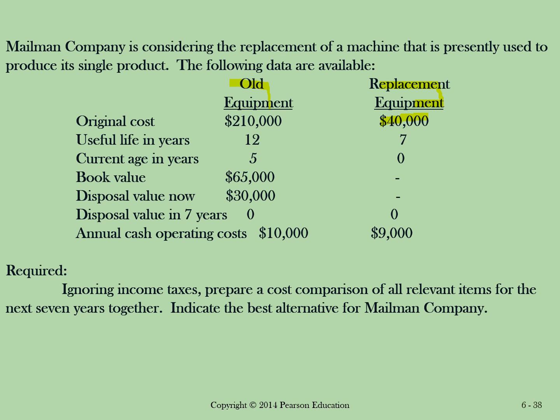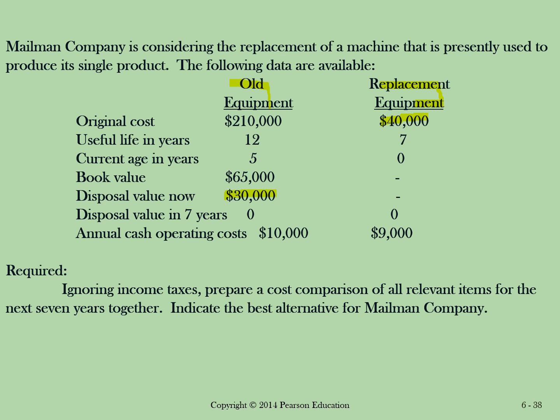And we must make sure that the difference between these 12, sorry, and 5 years will be 7 years, related to the coming useful life of the refurbished machine or the replacement equipment as provided here. We are not to give importance to the book value, but we are to give importance to the $30,000 disposal value, which is going to be an inflow, favorable also for the replacement equipment.